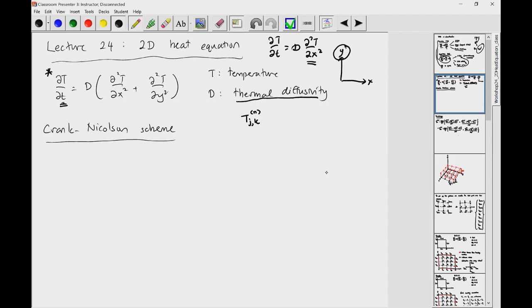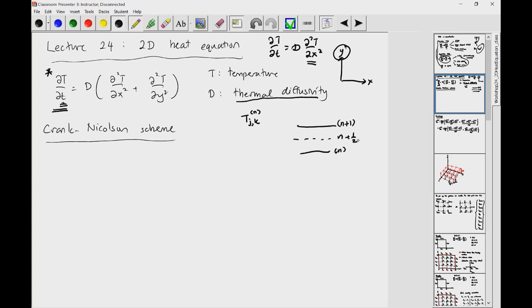The left-hand side will be the central difference scheme, but with Crank-Nicolson, we take this time derivative at the midpoint between n and n plus 1. So time level n is our current point, time level n plus 1 is the next point. When we take this time derivative, we take it at the midpoint, n plus half.